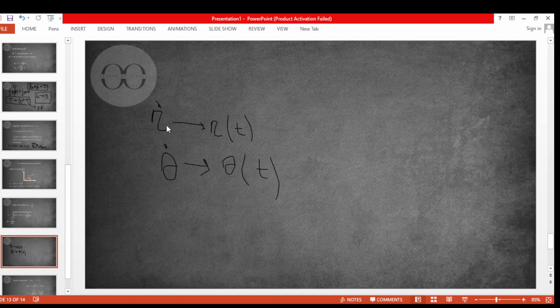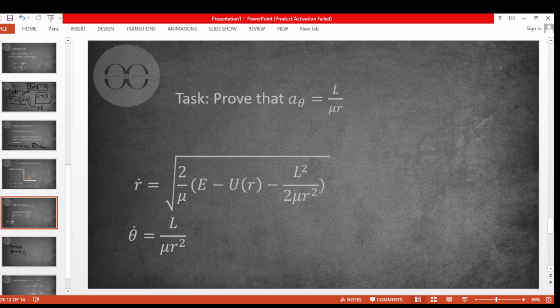R dot exists, that means r is a function of t. Theta dot exists, that means theta is a function of t. That means we can find r as a function of theta. But there is a problem, which is that U is an unknown potential. We don't know what U is. That means we cannot solve for r dot directly, and we cannot substitute theta, and we cannot write r in terms of theta because of this unknown potential.